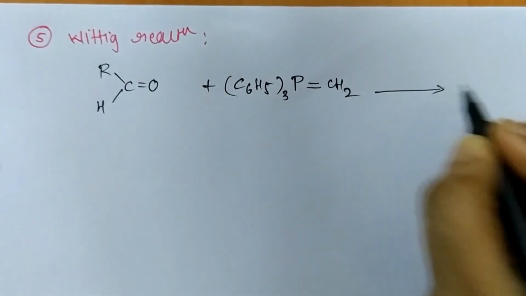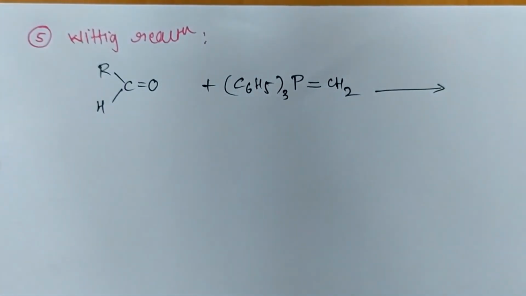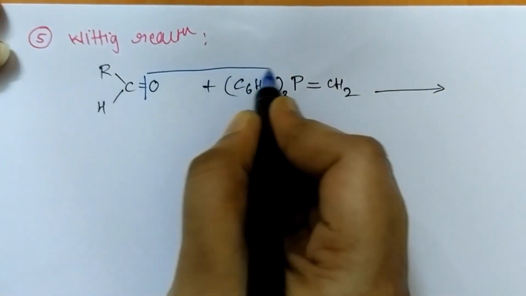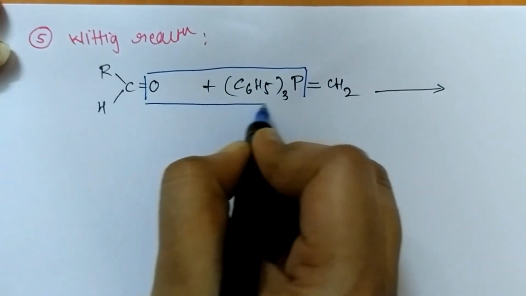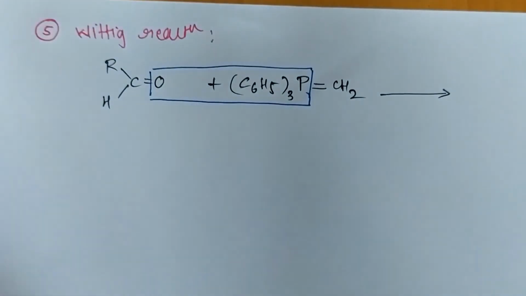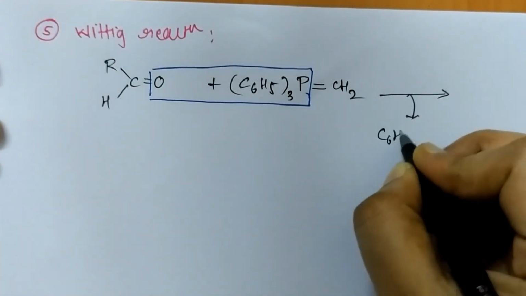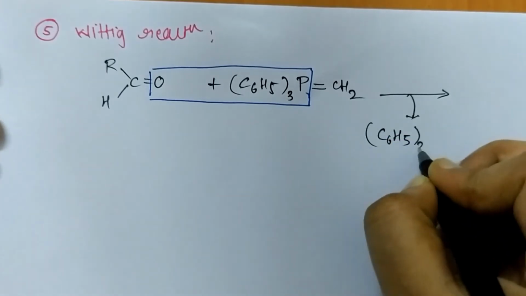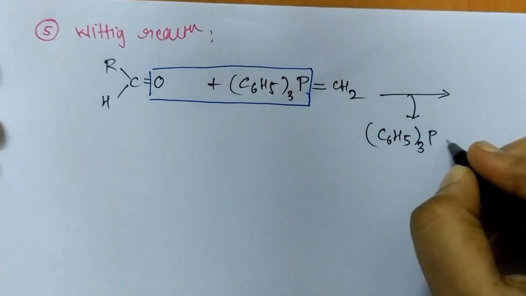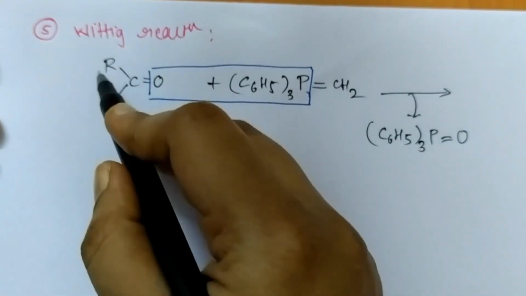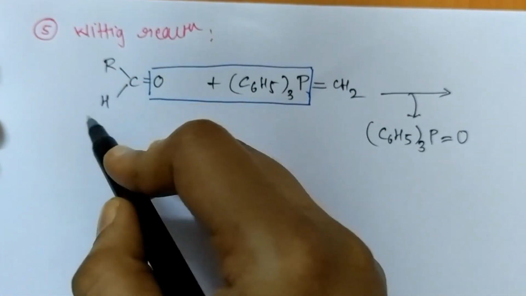Now when these two react together, this particular portion is going to get lost. So ultimately we are going to get (C6H5)3P double bond O, and we are left with CH2 and this particular portion, that is RCH.